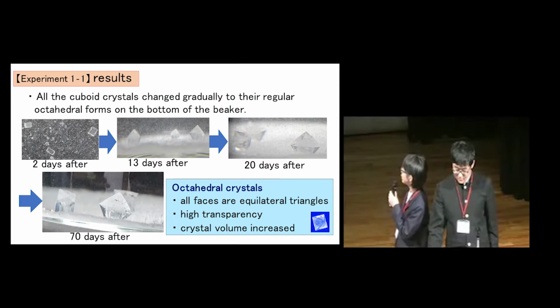These are the results. All the cuboid crystals changed gradually to regular octahedral forms on the bottom of the beaker. After 70 days, the crystals became complete octahedrons. These octahedral crystals' volume increased, so we expect that we can get bigger crystals.